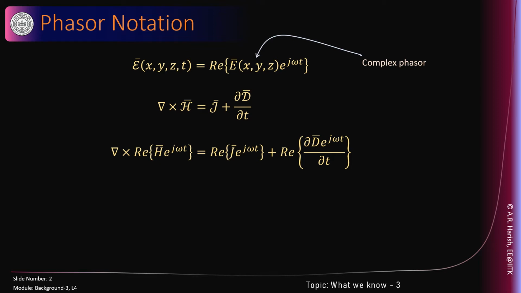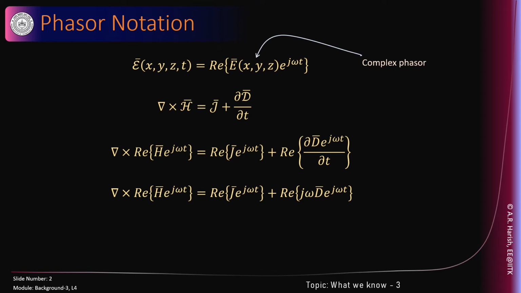We have the real part of del by del t of D e to the power of j omega t. Since D is a phasor, not a function of time, it will come out of the differentiation. So we are only differentiating e to the power of j omega t with respect to time, and hence we have j omega D e to the power of j omega t.